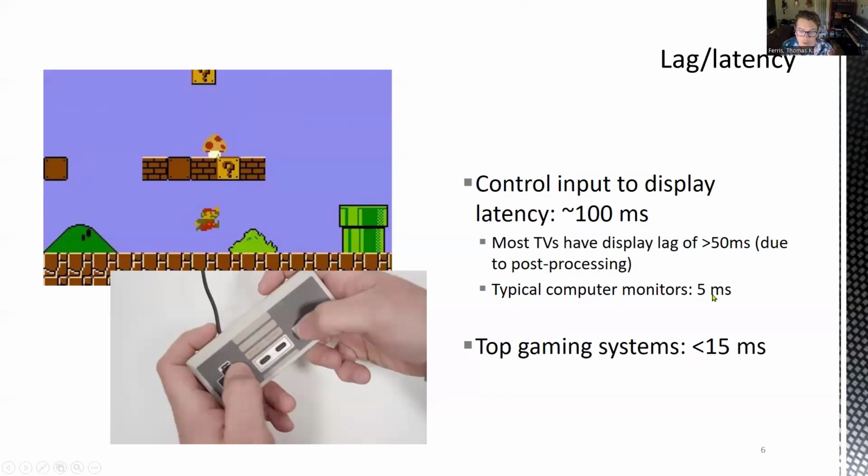So typical computer monitors are 5 milliseconds of delay. This is going to be better for precision gaming, let's say. So for top gaming systems overall, between button press and display, less than 15 milliseconds is kind of where most really hardcore gamers would say they want their system.